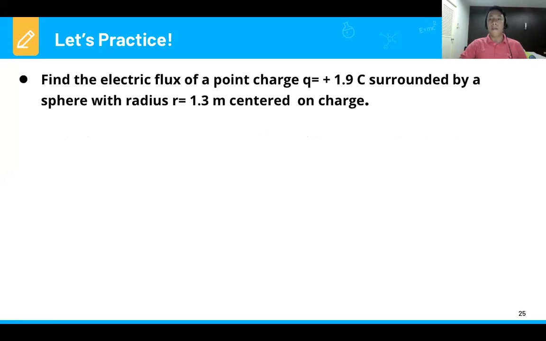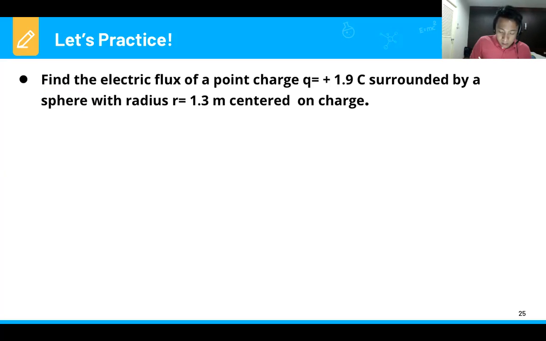Now, second example. Find the electric flux of a point charge Q, positive charge 1.9 coulomb, surrounded by a sphere with radius 1.3 meters centered on the charge. Again, this is about the sphere. We are still with the sphere.